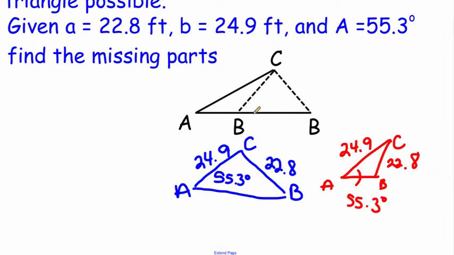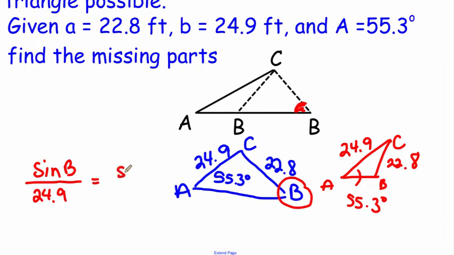Now, when we do this on our calculator, it is only going to give us the sine of the acute angle. So when we set this up, the only angle we can start with finding is angle B, because it is opposite a known side, and we have this pair of known side and its angle. Since I'm looking for angle B, I'm going to put it on top. So I'm going to say that the sine of B over 24.9 equals the sine of A, which in this case is 55.3 degrees, over side A, which is 22.8.